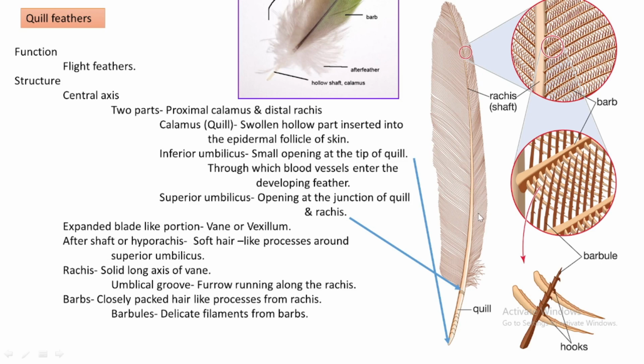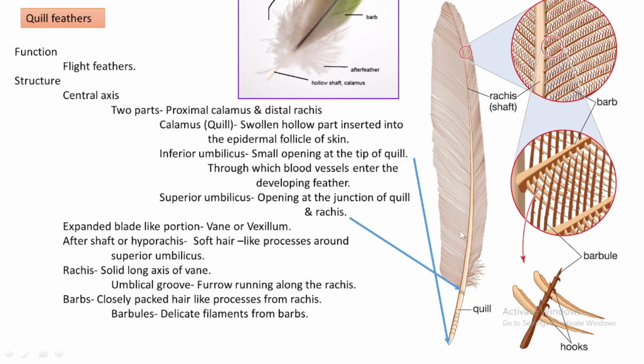And then the expanded blade-like portion, this expanded portion, is called the vane. Vane means this portion from that rachis. Then after shaft, I already explained to you in some former slide. This after shaft we can see here, a soft hair-like process around the superior umbilicus. Superior umbilicus is the opening seen at the junction of the quill and the rachis.